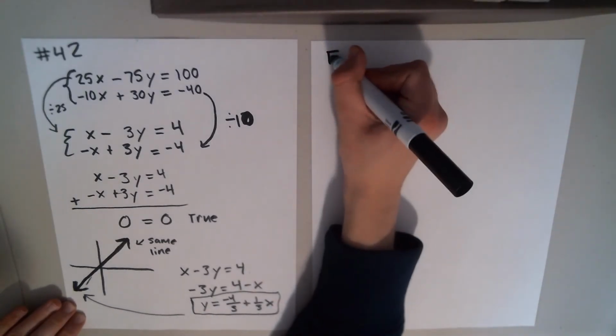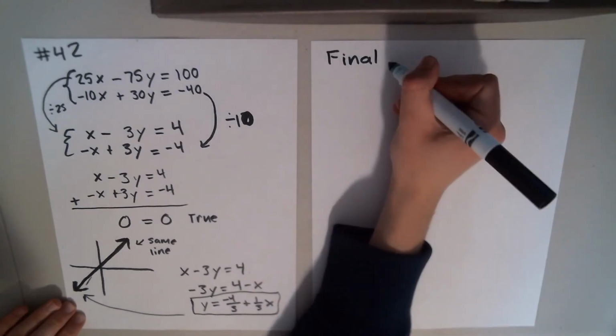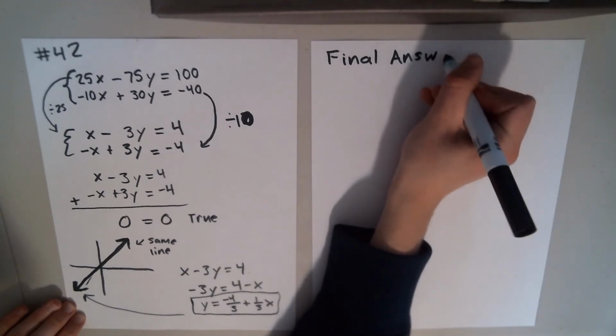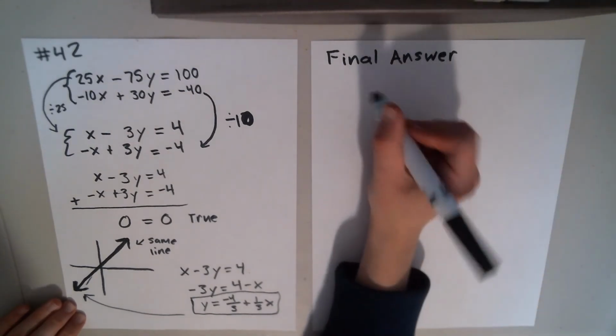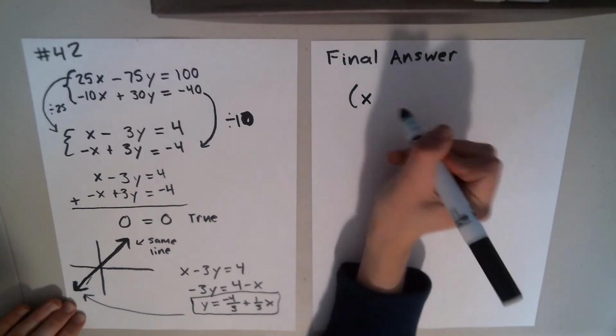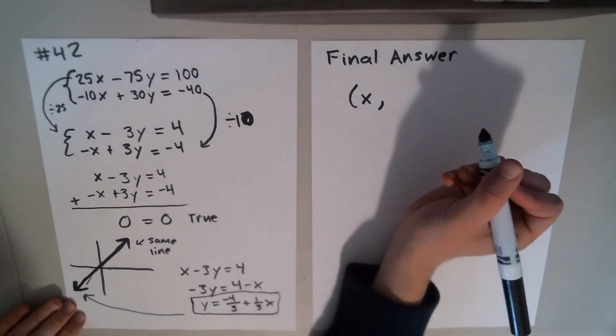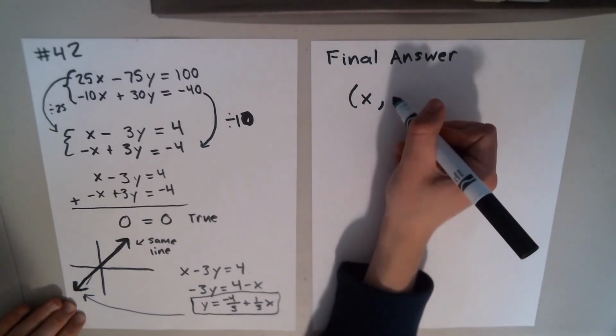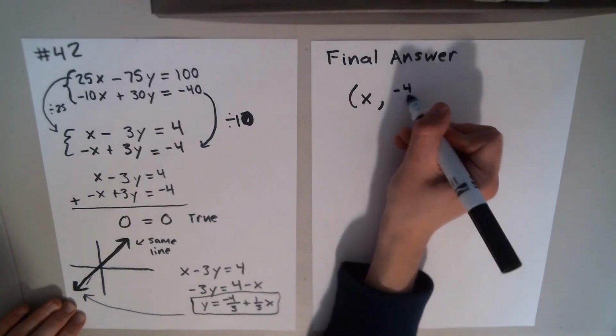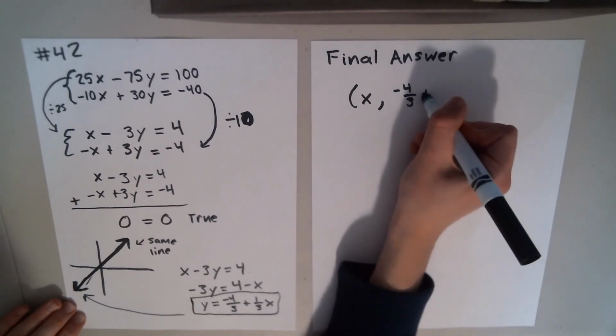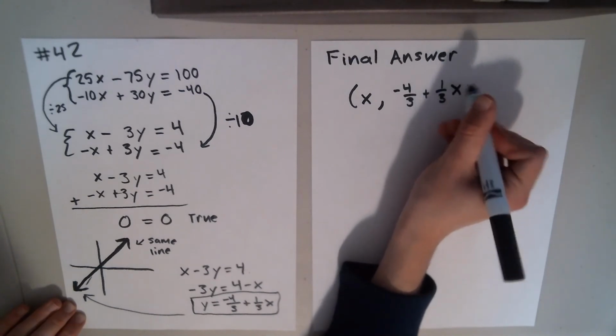So my final answer would be the point: any x value you pick, and then the y value would be negative 4/3 plus 1/3 x.